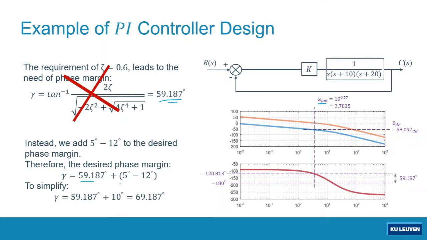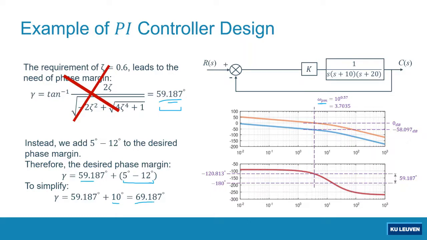So to make it easy, instead of choosing something between 5 to 12, I will just pick 10 degrees to make my life easy. So instead of using 59.187 degrees to define my phase margin frequency, I will use 69.187 degrees as my new phase margin requirement.